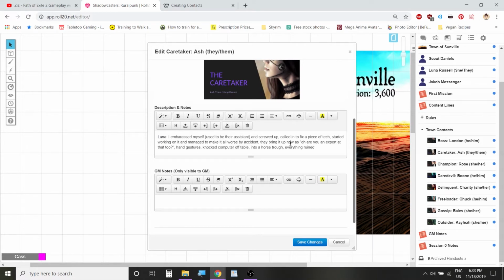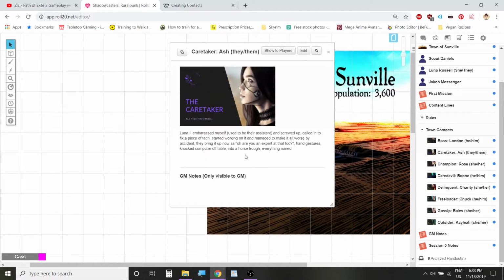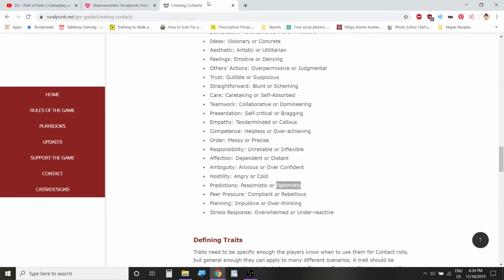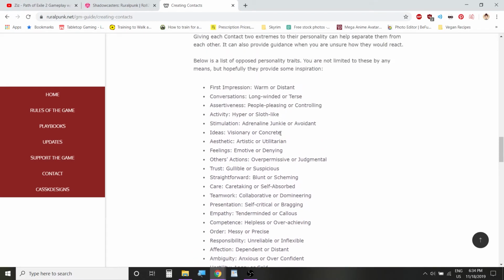She was, at one point, Ash's assistant, and she was supposed to fix a piece of tech, and while working on it, through clumsiness and silly mistakes, completely destroyed what she was supposed to fix. And so now Ash looks at her a little bit suspiciously, with a lack of faith. So we know that Ash is fearless.